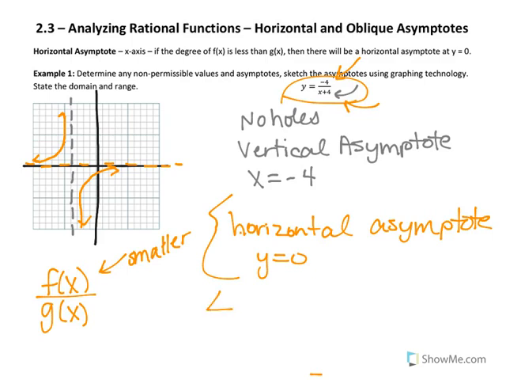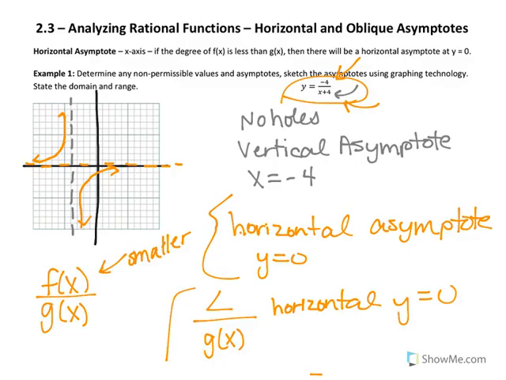If the top is less than the bottom, then you're going to have a horizontal asymptote on the axis. So that is our first type of asymptote: the top smaller than the bottom.